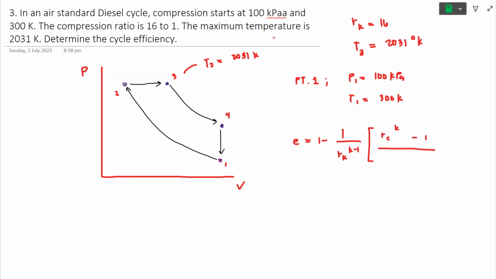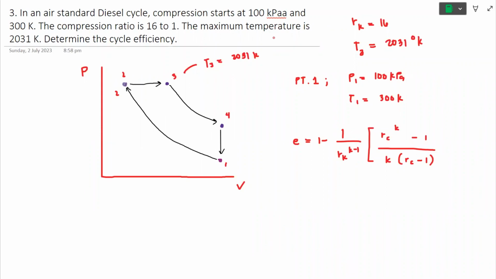Kapag nasa baba, ibaba mo rin yung K. Then multiply it with RC minus 1. Walang binigay dyan na cut-off ratio. Okay? Paano mo makuha yung RC? Saan mo makuha yung cut-off dyan?